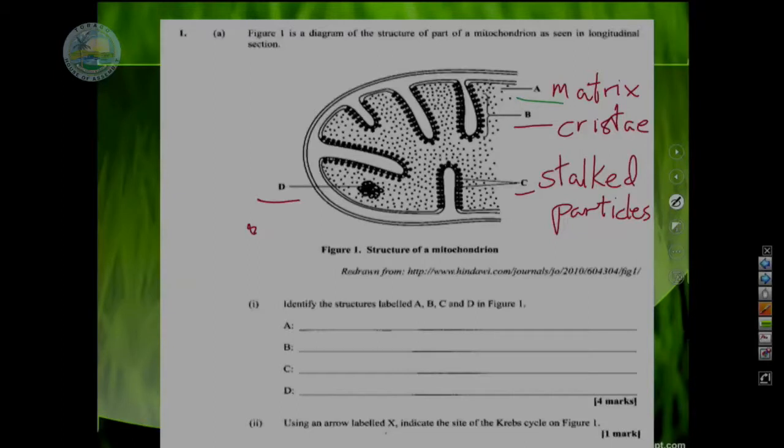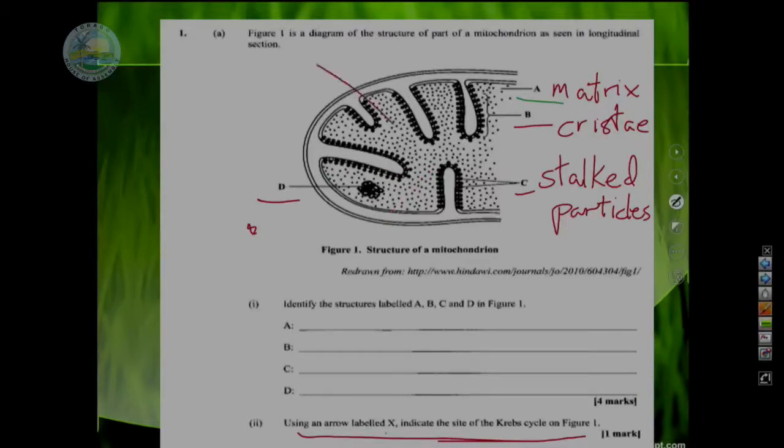Use an arrow labeled X to indicate the site of the Krebs cycle on figure 1. As we know, the Krebs cycle takes place in the matrix. So you have this area here.